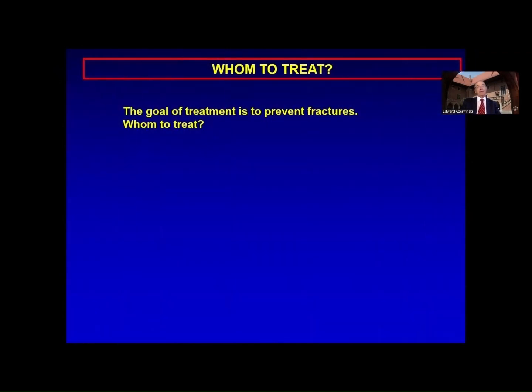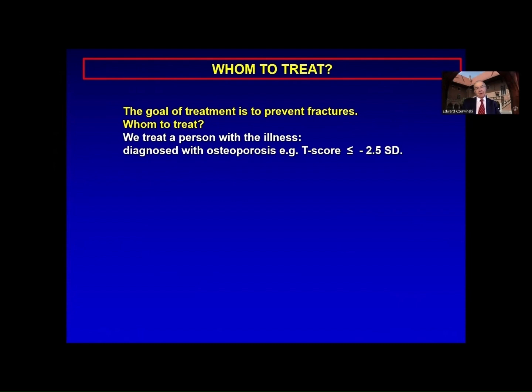So who to treat? It seems to be very obvious. In osteoporosis, the goal is to prevent the fracture. So we treat the patient who is diagnosed with osteoporosis. It means T-score minus 2.5 or less.